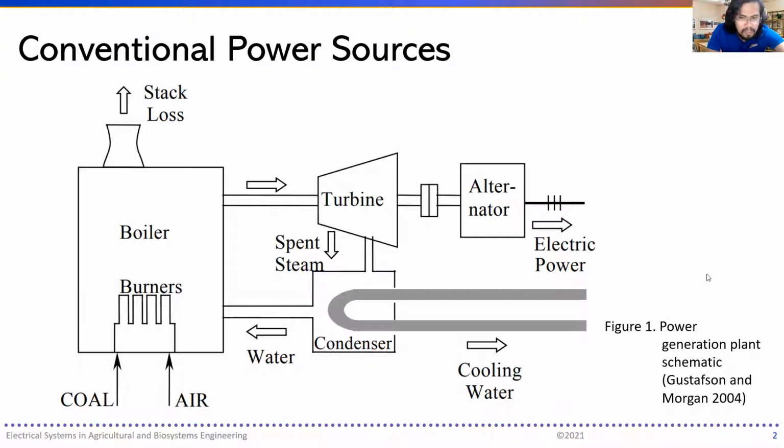So we have the operation starting with the fuel or the energy source burning. We burn the fuel, and the heat of combustion of the fuel boils a fluid, in most cases water, and it's turned into gaseous phase.